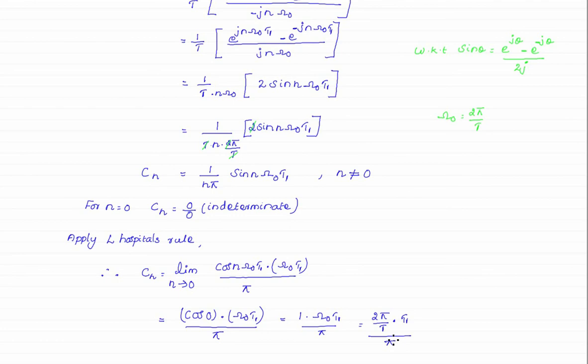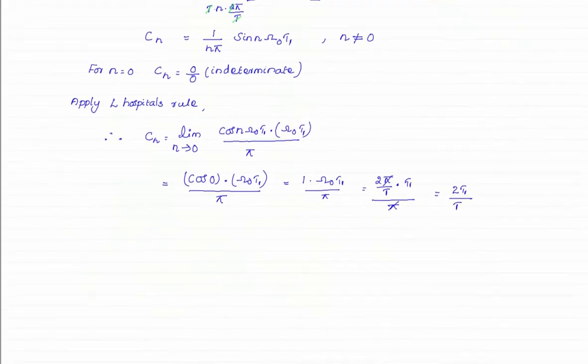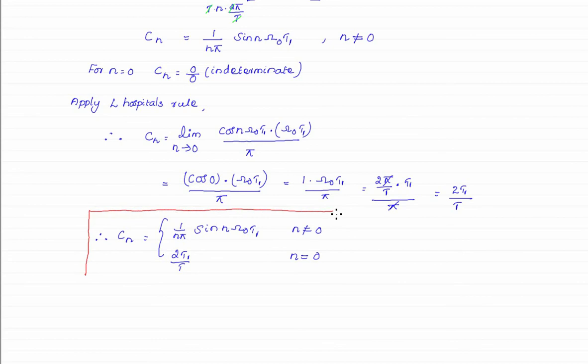Pi in the numerator and denominator will be getting cancelled. So Cn is equal to 2 t1 by T for n equal to 0. Therefore Cn is equal to 1 by n pi sin n omega naught t1 for n not equal to 0. Cn is equal to 2 into t1 by T for n equal to 0.